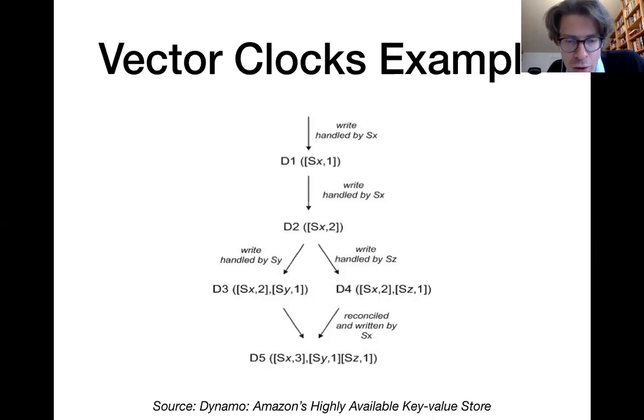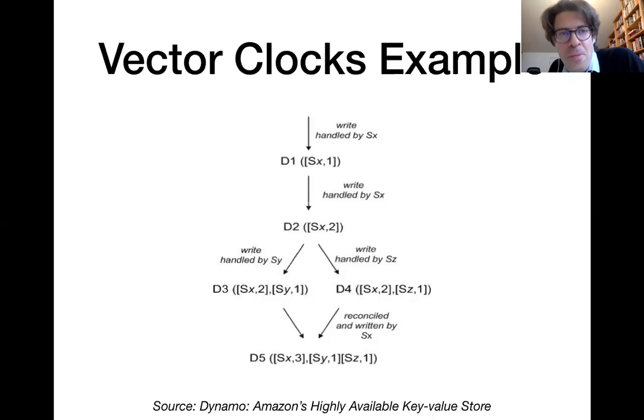And that common version now would have the vector clock that essentially integrates the changes by SY and SZ. And here we have one additional change by SX. So this is the way in which we use those vector clocks in order to compare different versions. And I think, yes, the question was resolved.